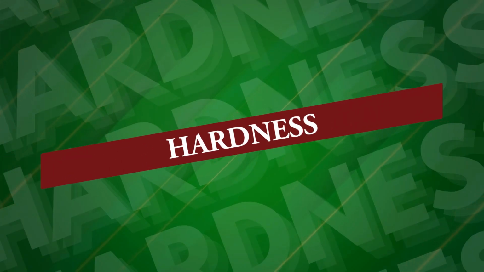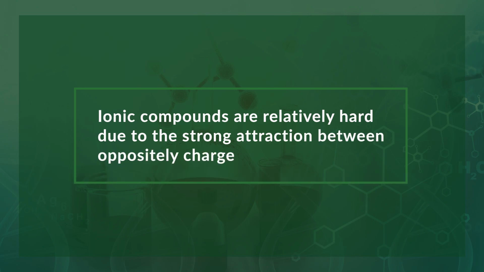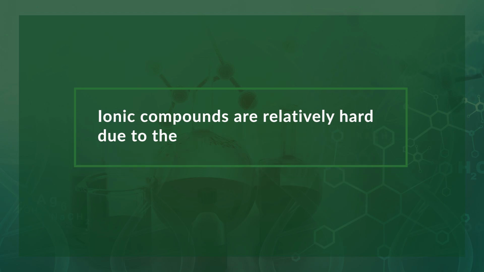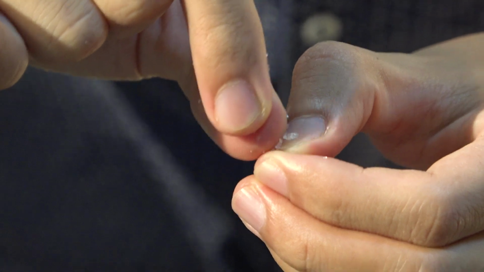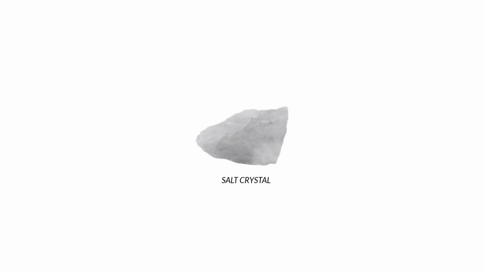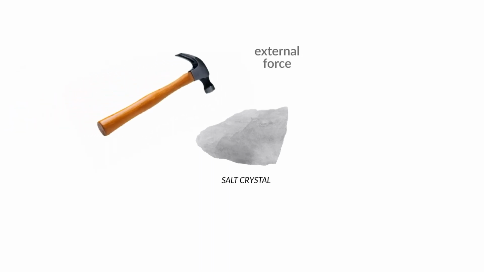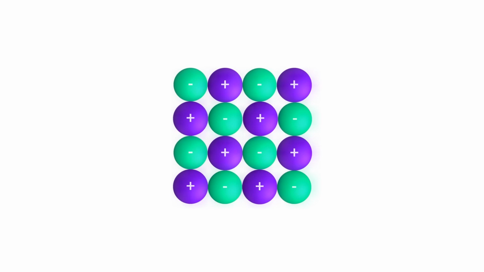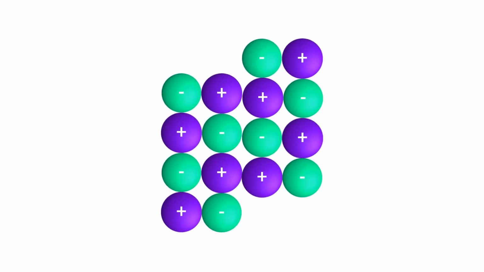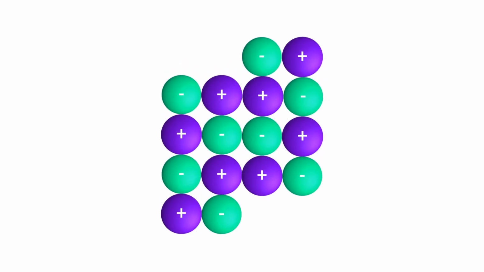In terms of hardness, ionic compounds are relatively hard due to the strong attraction between oppositely charged ions. Also, they are generally brittle. Why is that so? Here's a representation showing how this breaking occurs. When an external force is applied on the solid ionic compound, layers of ions can slip past another under stress.